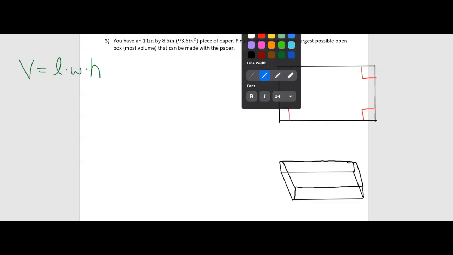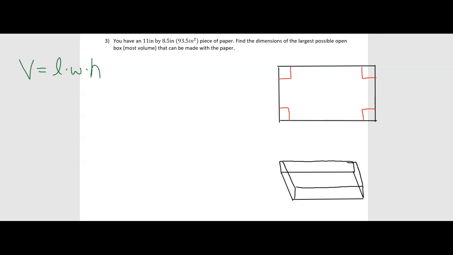Okay, so on the top I have my piece of paper, my 8.5 by 11 piece of paper. However, to form this box, I'm going to be cutting these squares out of the corner so I can fold it up, and then we'll get something like what I drew down here.